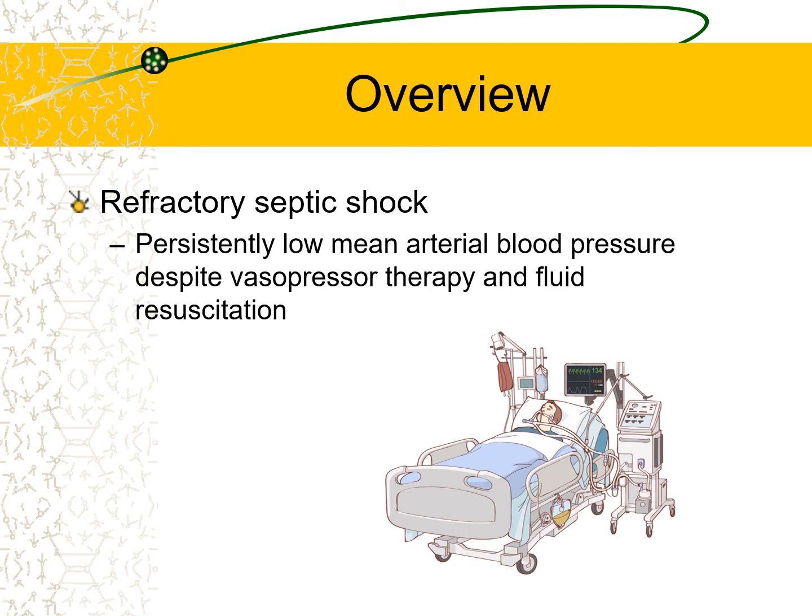So one thing I want to mention here, because you do see nursing questions like this, it's very important that before you give a patient a vasopressor, you make sure that they have fluids on board. Because the whole idea behind vasopressors is that they clamp down on the vasculature.